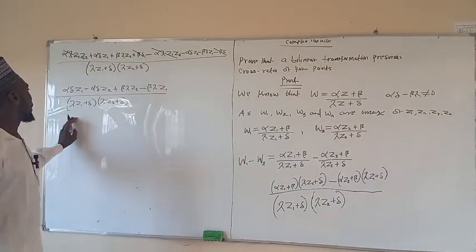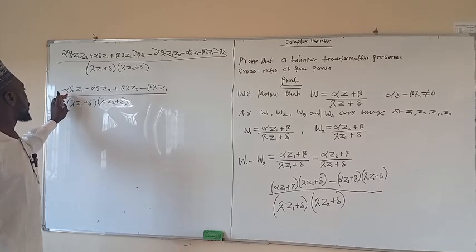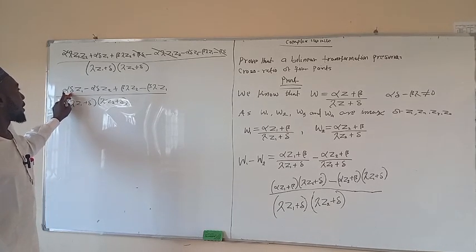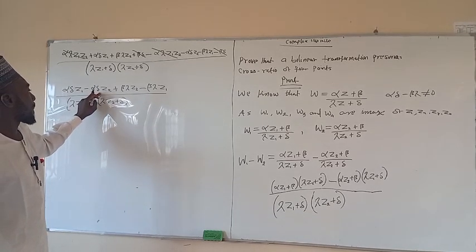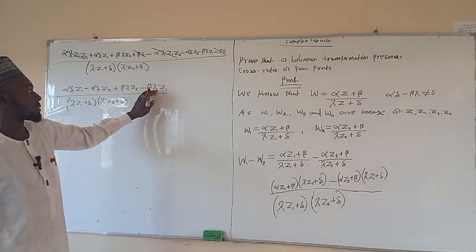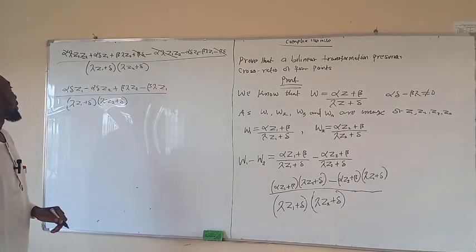As you can see from here, you can factor out alpha lambda, and also here we can factor out beta lambda.